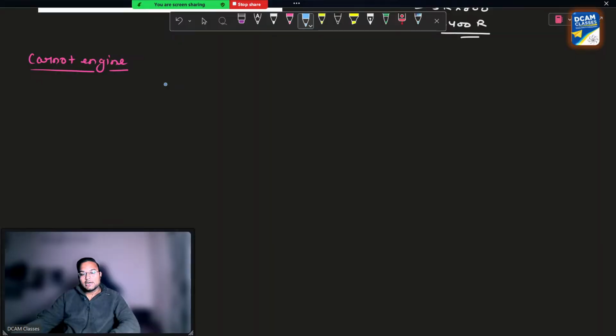Now, first, to understand the Carnot engine, we need to understand efficiency. What is the efficiency of an engine? Efficiency of an engine is defined as the total work done, W net, in a cycle, all divided by the heat absorbed.